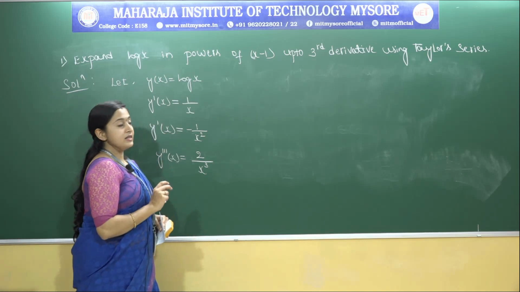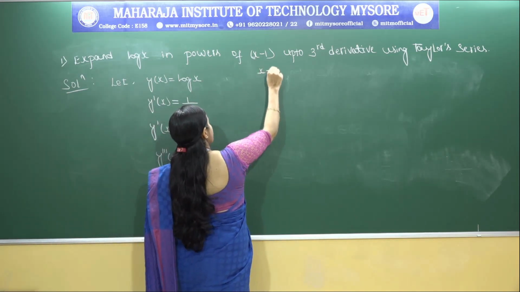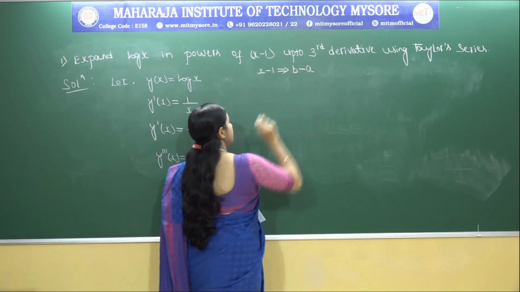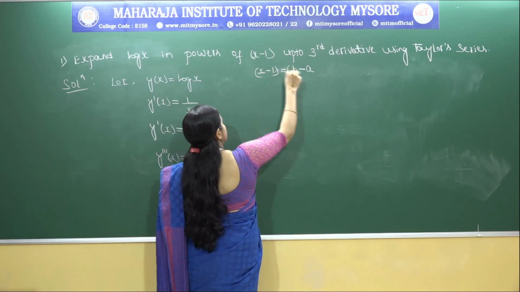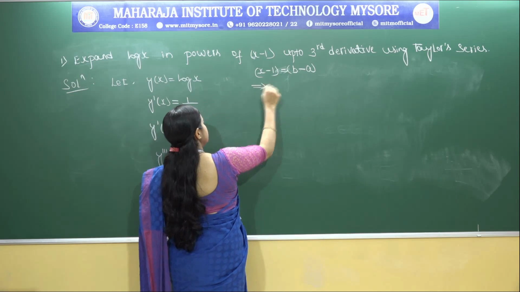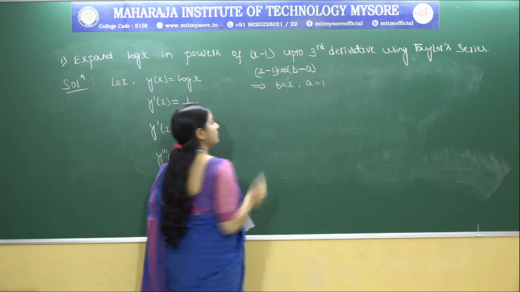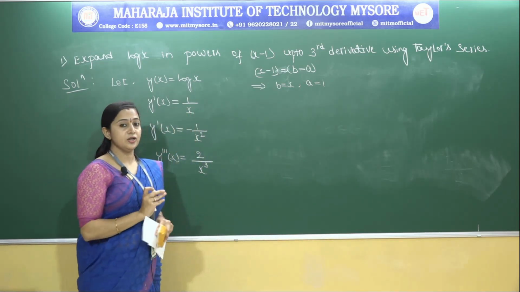Then in the Taylor series, the given powers of x minus 1 implies the difference between a and b, that is b minus a. So this implies b equal to x, a equal to 1. So in the problem, you have to substitute b equal to x and a equal to 1.